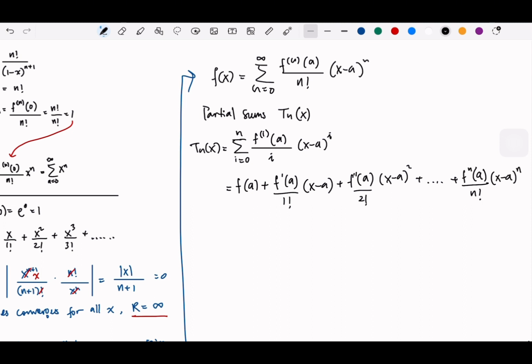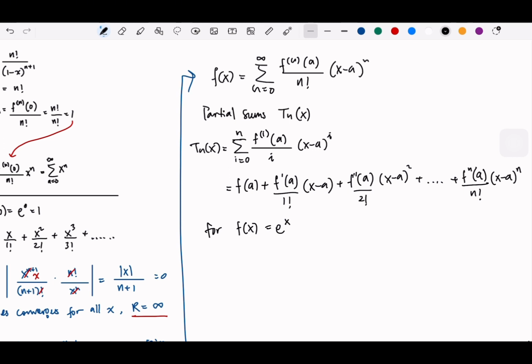So we can end the series at n, right? Because of the partial sums, and we can see that for the function e to the x. Let's take e to the x because the terms in e to the x we can approach easily from the graph.